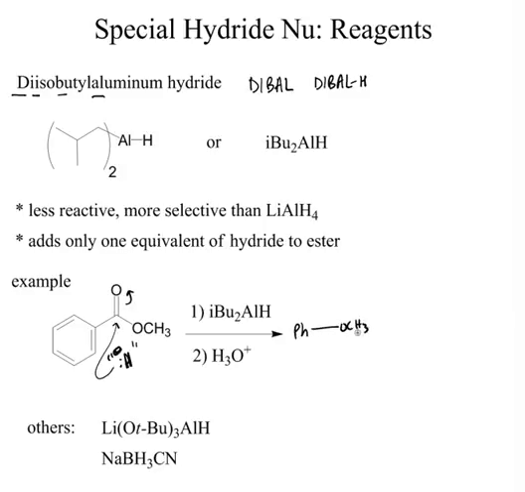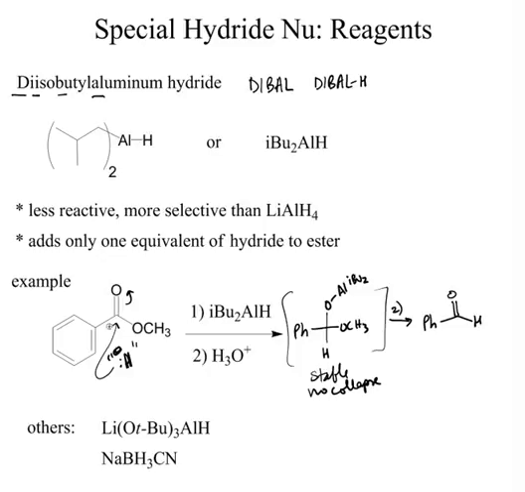But when you form this intermediate, because it has the aluminum with the isobutyl groups on here, it turns out that this is stable and there's no collapse here. So because there's no collapse, there is no opportunity for that second equivalent of the hydride to add in. So this just waits until workup, and we trade those 2 CO bonds from separate groups into CO bonds to the same oxygen, and we get our carbonyl back.